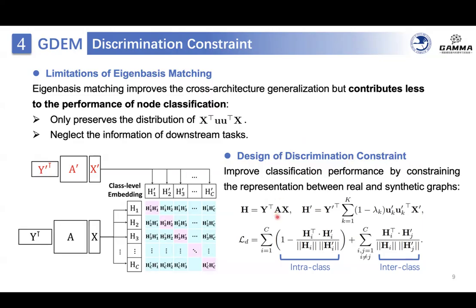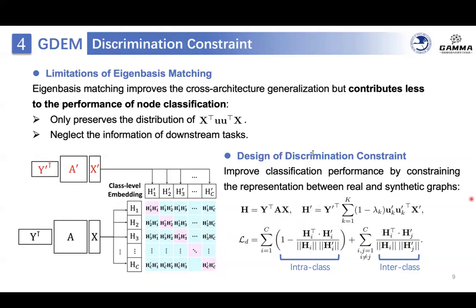Specifically, we first calculate the node embeddings and then obtain the class-level embeddings by summarizing the node embeddings within each class, and the loss L_D aims to enhance the intra-class similarity and enforce the inter-class orthogonality across the class embeddings.